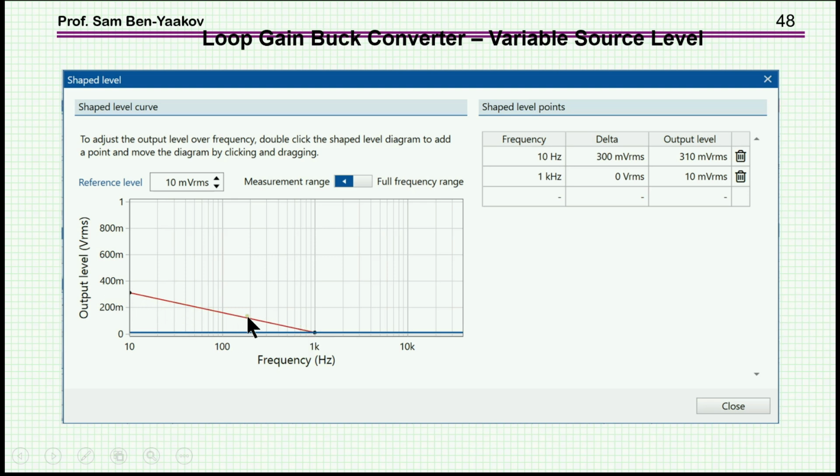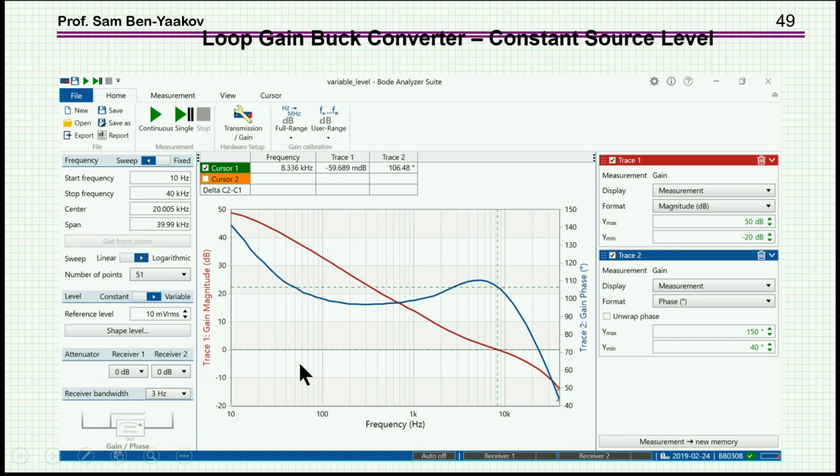So this is a variable source level that you change as the analysis goes on, and this indeed improved the signal very much. So we have a very, very nice signal here. It's smooth and, as I've said, it looks like a DCM. And then we have the phase here.